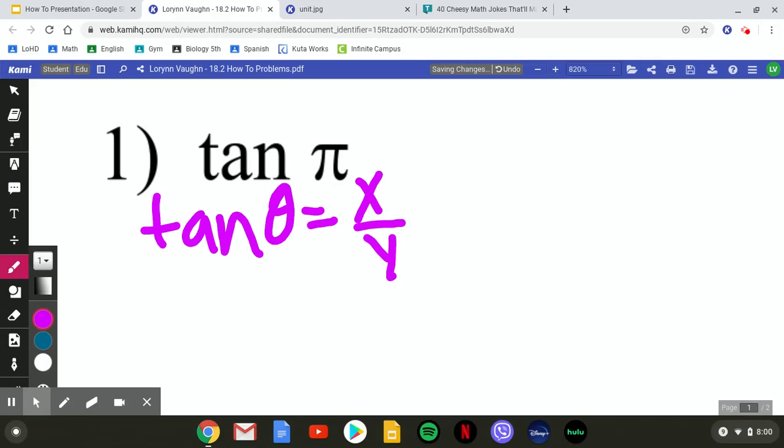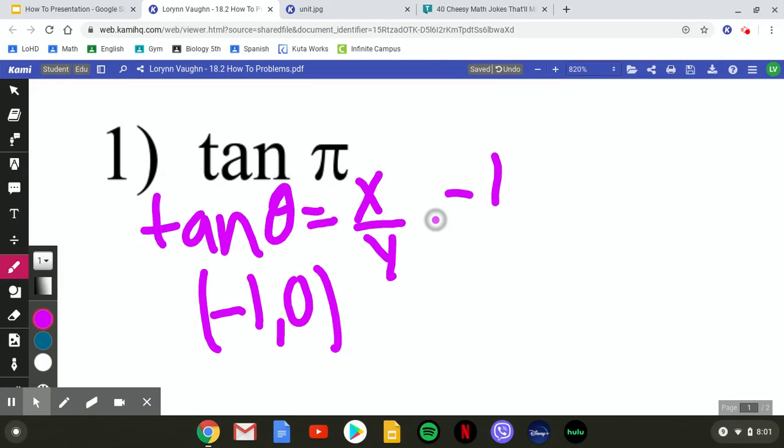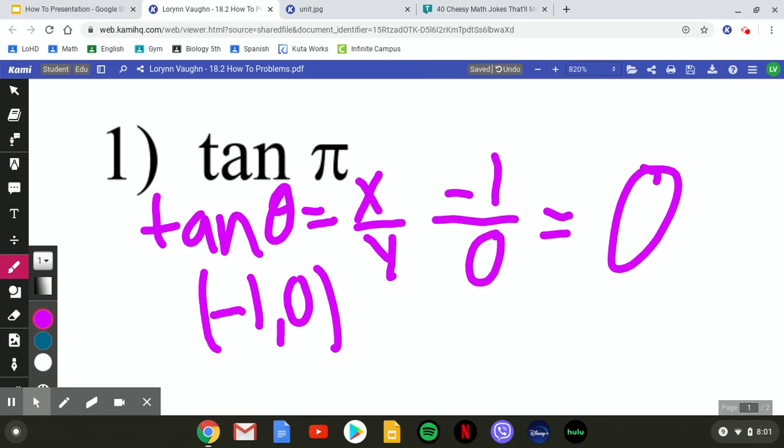So you look at your unit circle, and wherever the radian measure is pi, that is also 180 degrees. The coordinates are -1, 0, and so you know that it would be 0 over -1, which is equal to 0.